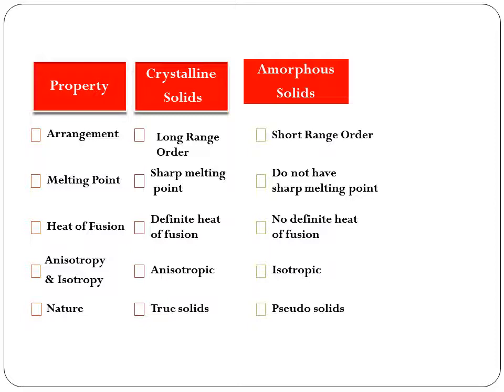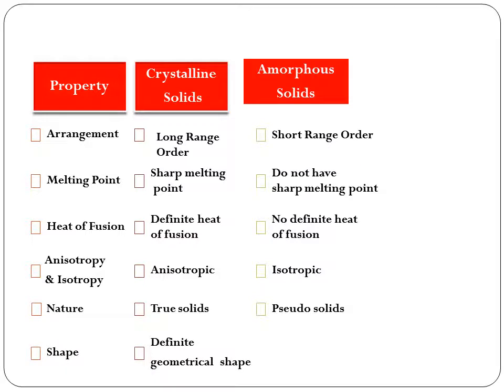Dear students, you might have come across window glasses. The corners of window glasses are bulged. The reason is that with time the glass particles have shown the property to flow and settled at the corners. This is not the property of true solids, so therefore they are called pseudo solids.